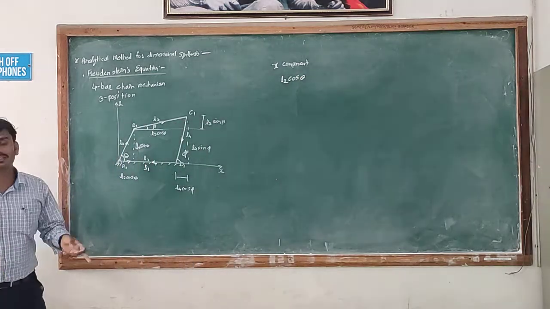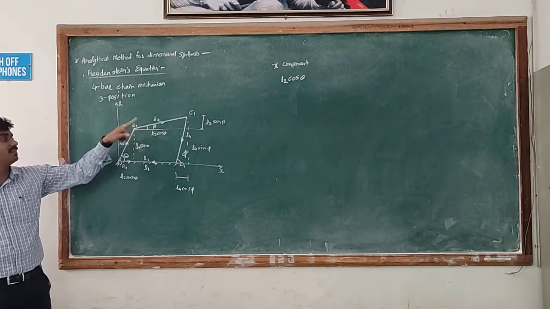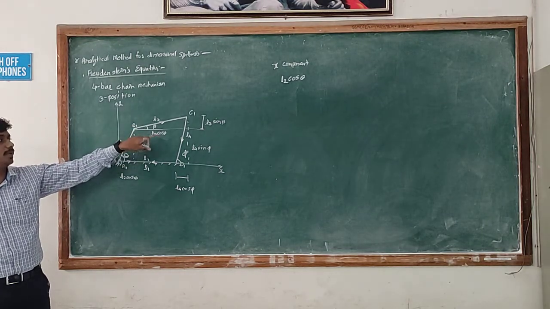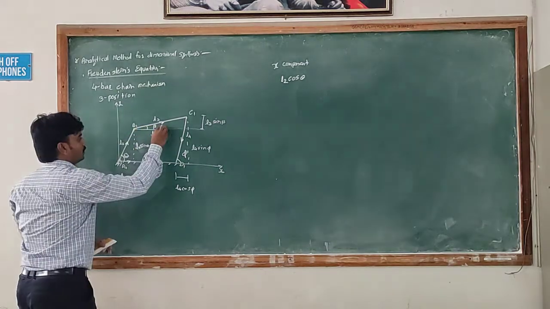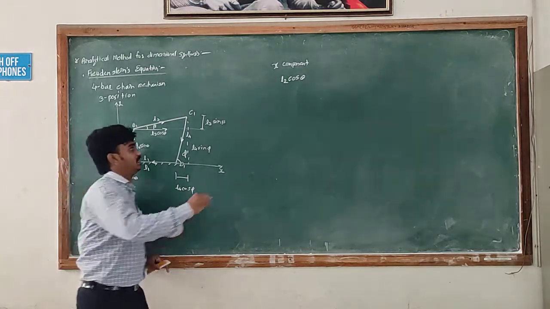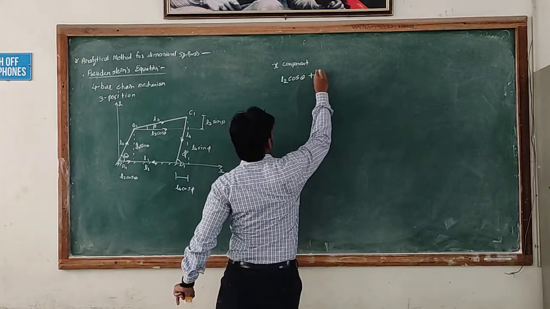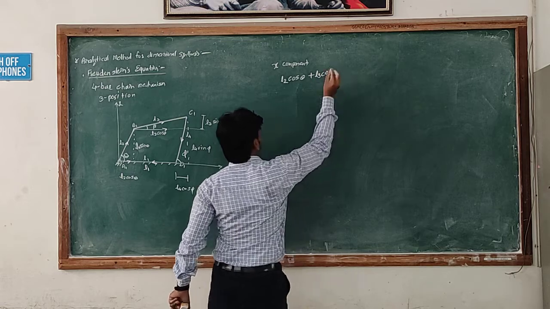Now we will take the x component of L3, that is L3 into cos of beta. The direction of link L3 is in this way, so this is also positive: plus L3 into cos of beta.